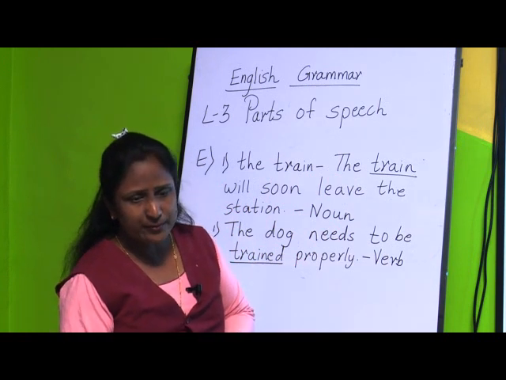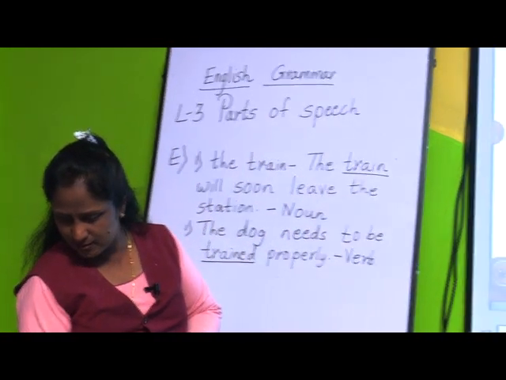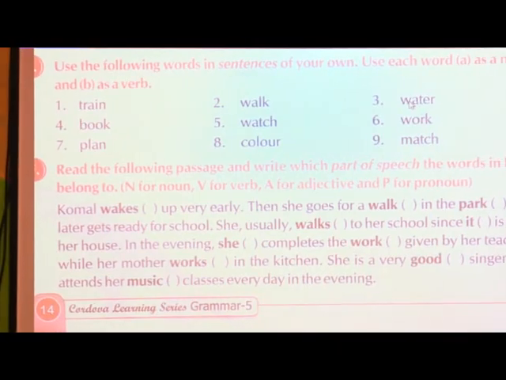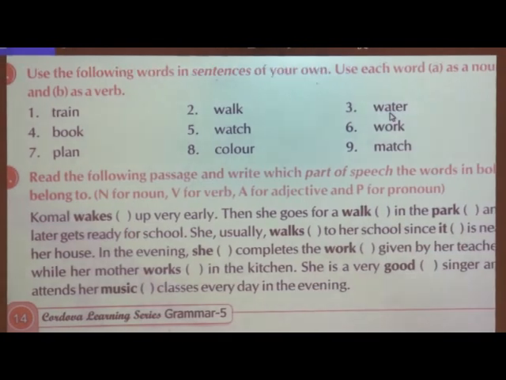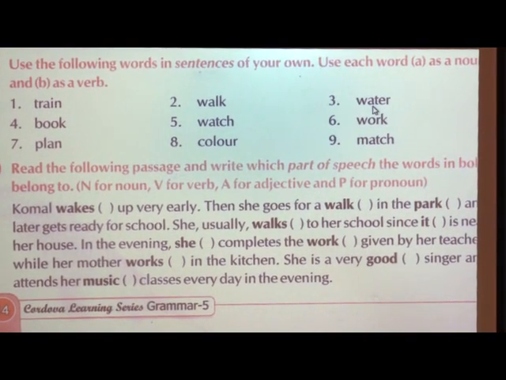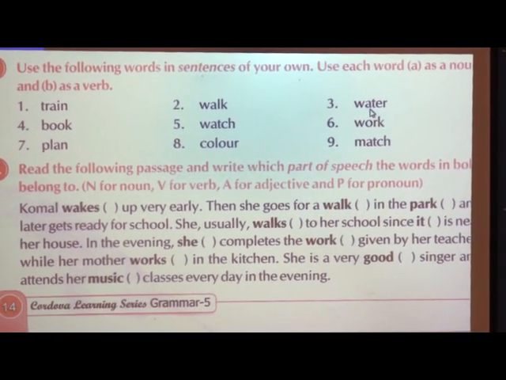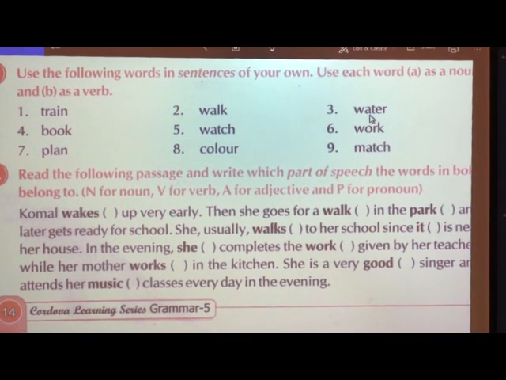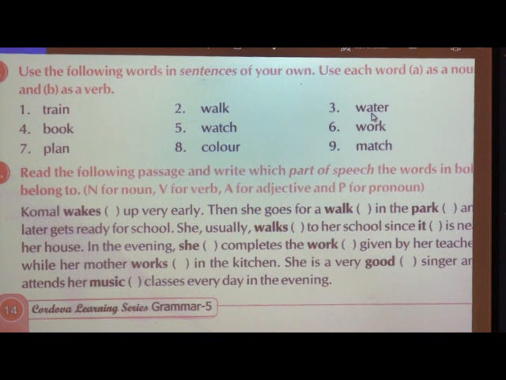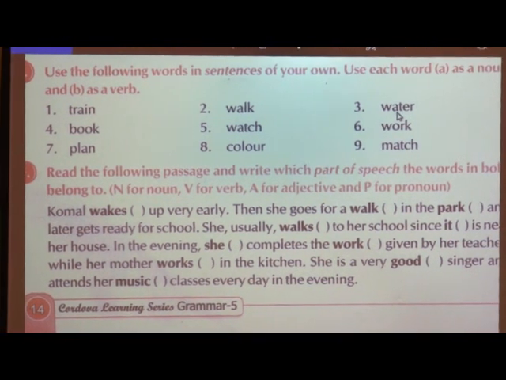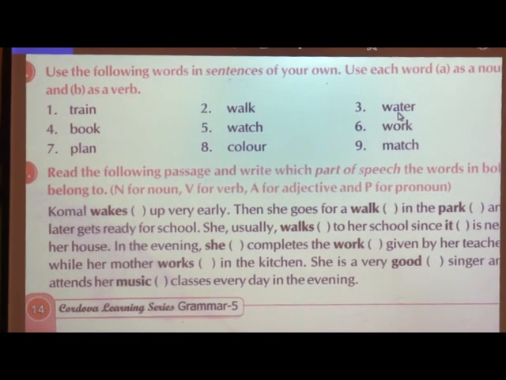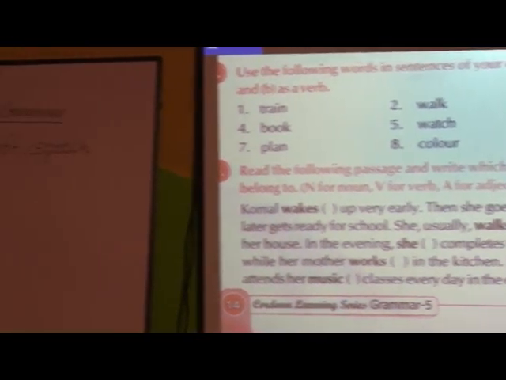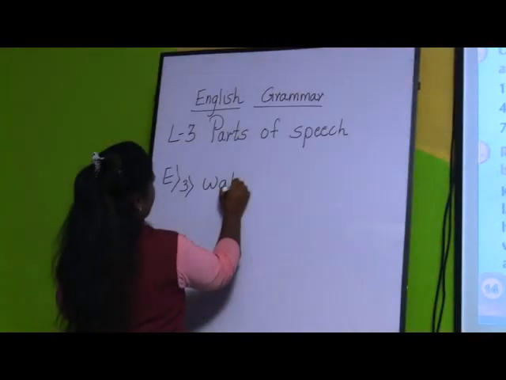If you take one more word, we can take the other word, water. We will take this third word. I will give you the sentences, children, later on in a PDF form, so that you can copy them down in your notebooks. Now the third word, water.